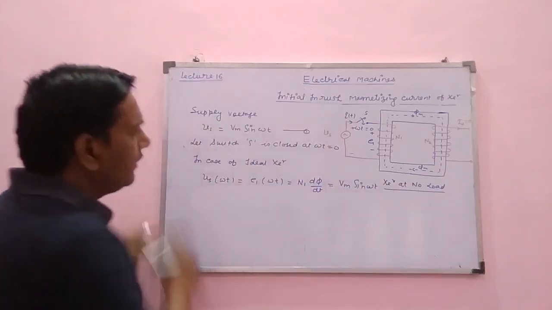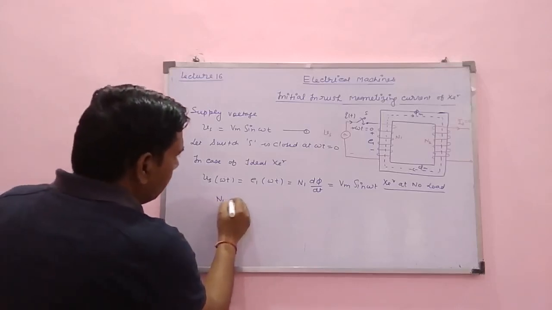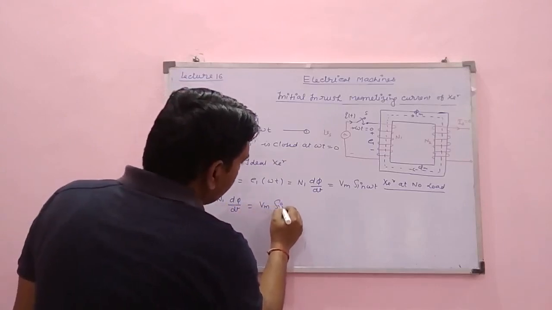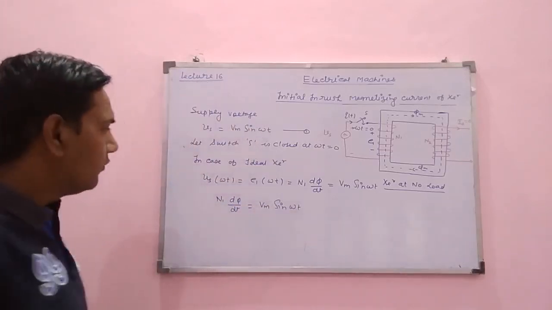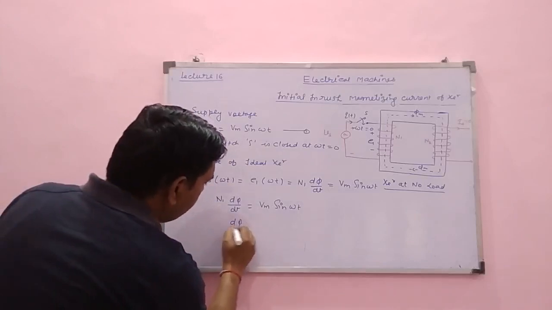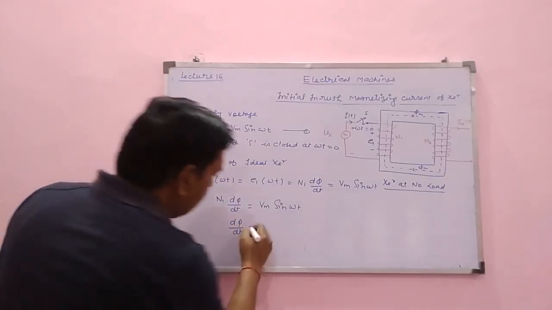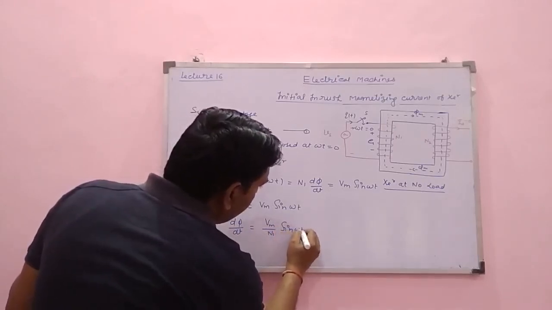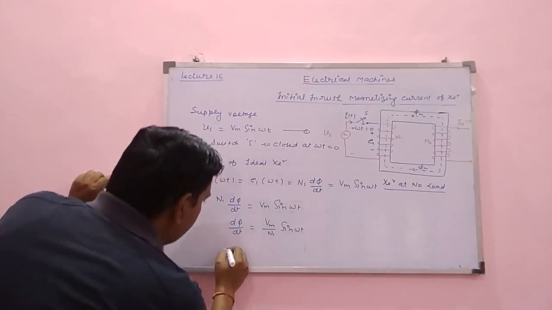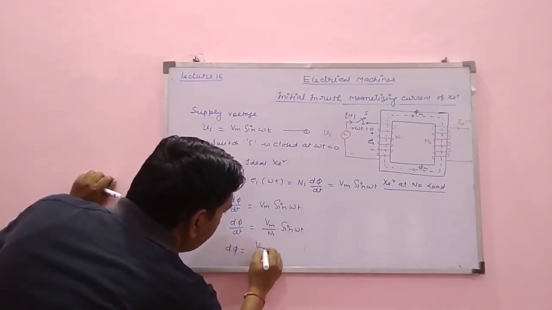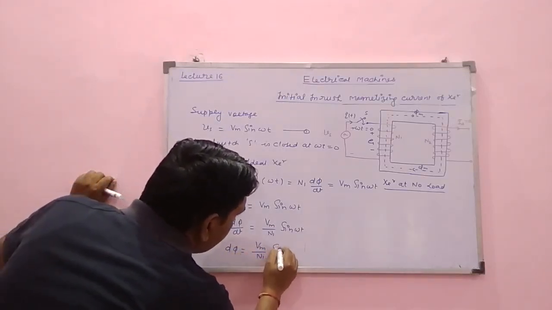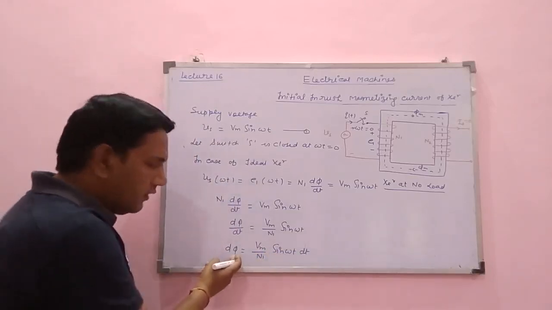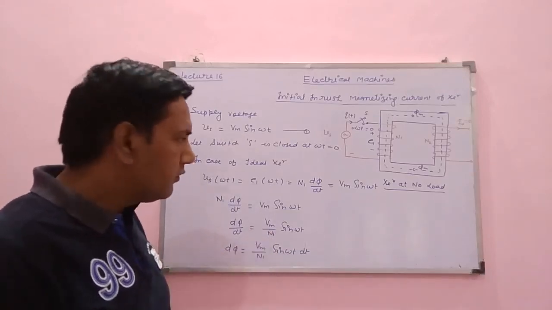So N1 d phi upon dt is equal to Vm sin omega t. From here we can calculate the rate of change of flux, d phi upon dt is equal to Vm upon N1 sin omega t, and d phi is equal to Vm upon N1 sin omega t dt.